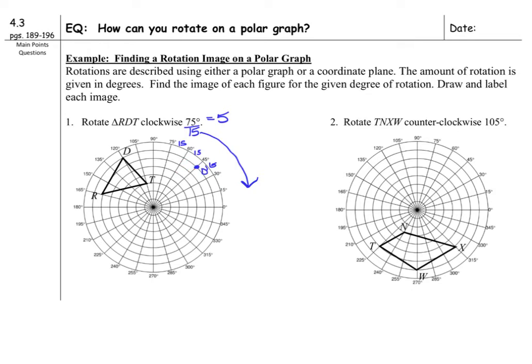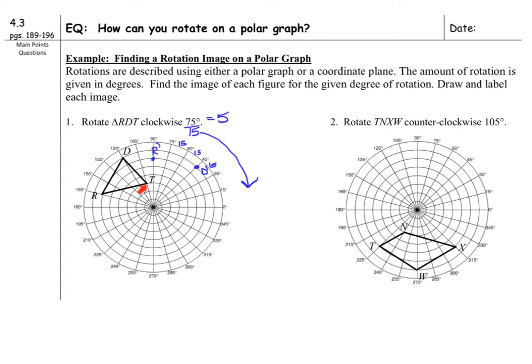Now you're going to do the same thing with the other 2 points. So if I start on this axis with point R, I'm going to rotate it 5 times clockwise. So 1, 2, 3, 4, 5. R prime would be right here. Now let's do the same thing with T. It's on the inside, so just be careful when you're counting.